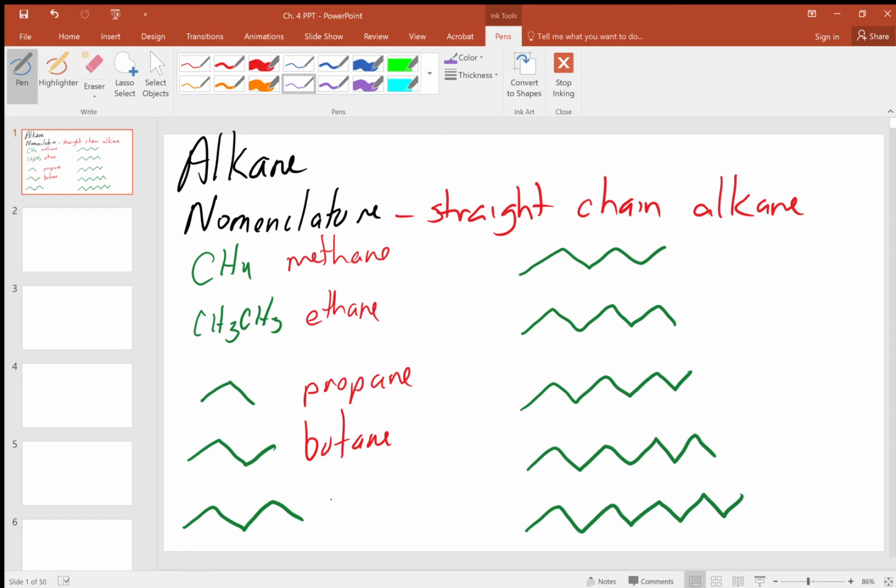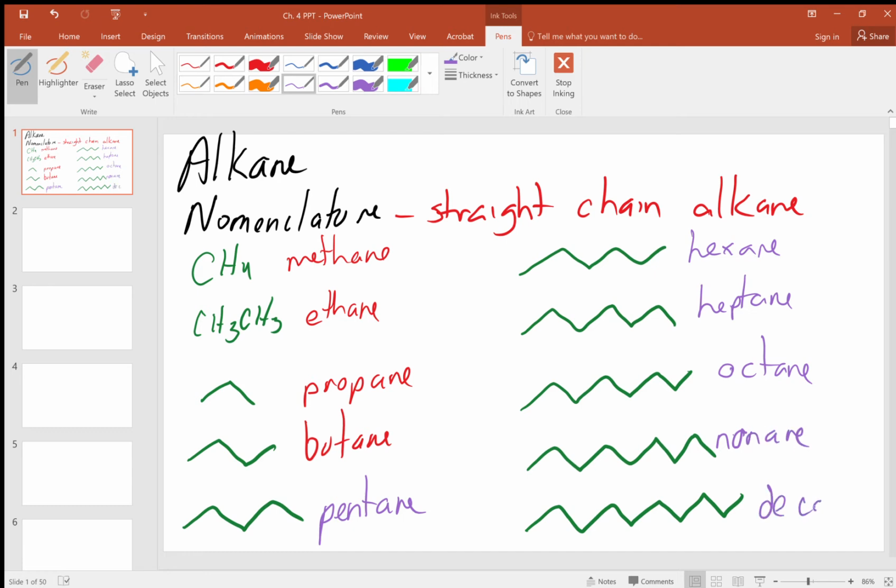And so an alkane with 5 carbons is pentane. A shape with 6 sides is a hexagon, so 6 carbons makes hexane. And so on. Heptane, octane, nonane, and decane. So that's where our nomenclature starts. And again, you just have to know these.